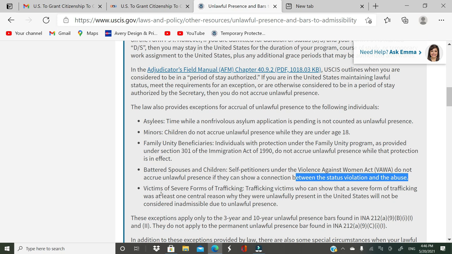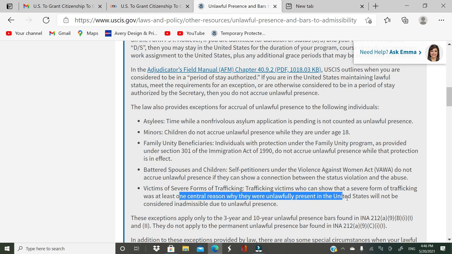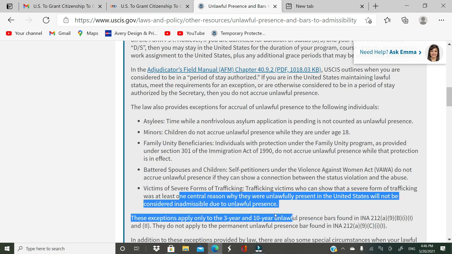And then we have victims of severe forms of human trafficking. Those are T visa recipients, of course, or U visa, depending. If it's a really serious trafficking victim who can show that a severe form of trafficking was at least one central reason why they were unlawfully present in the United States, they will not be considered inadmissible due to unlawful presence.